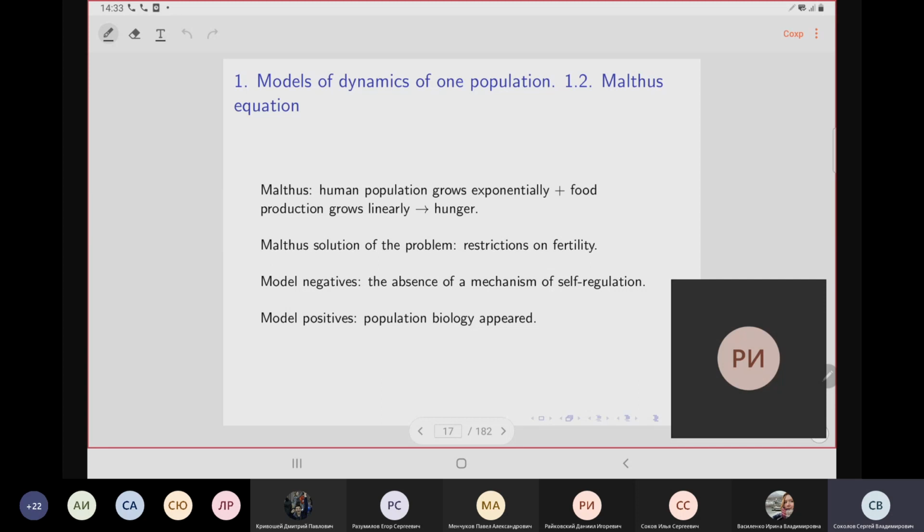We understand that when the number of rabbits increases, they will start fighting for food. They will start starving because the food is limited. And then at some moment, their mortality rate will increase. So we need to take into account some mechanism of self-regulation.